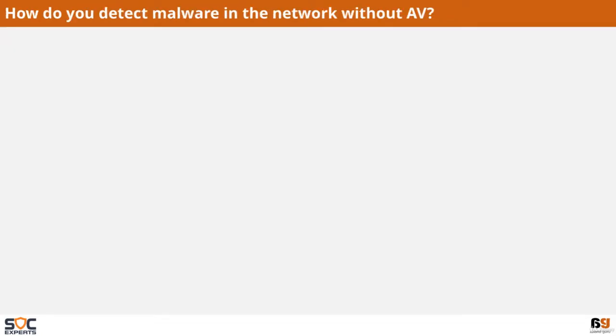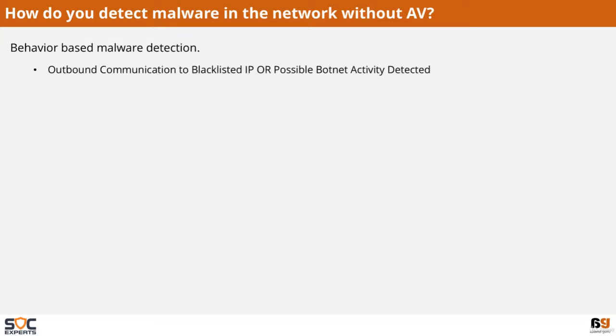How do you detect malware in the network without antivirus? Or if antivirus fails to detect a malware, how do you detect it using SIEM? Obviously, if an antivirus fails to detect the malware, then the detection has to be based on the behavior of the malware. So the following correlation rules will help us identify the malware.